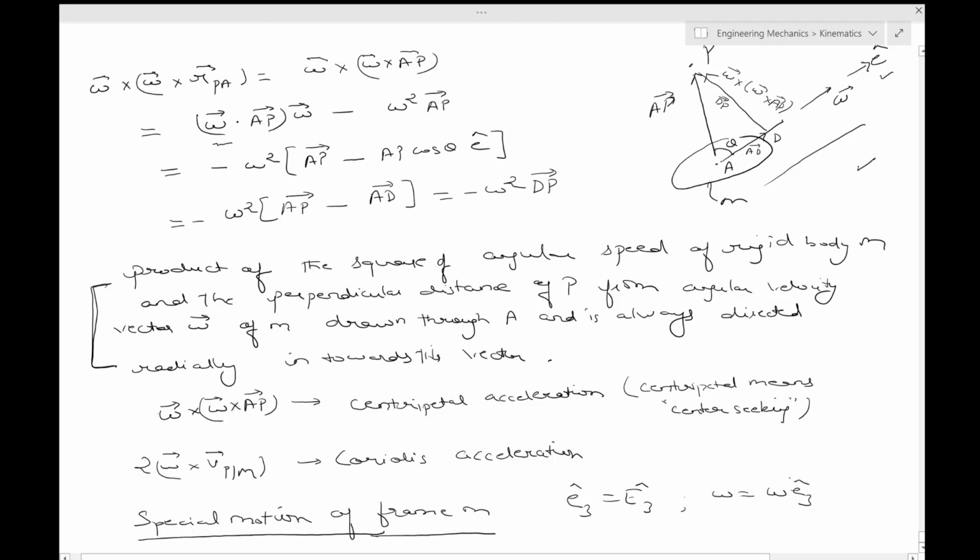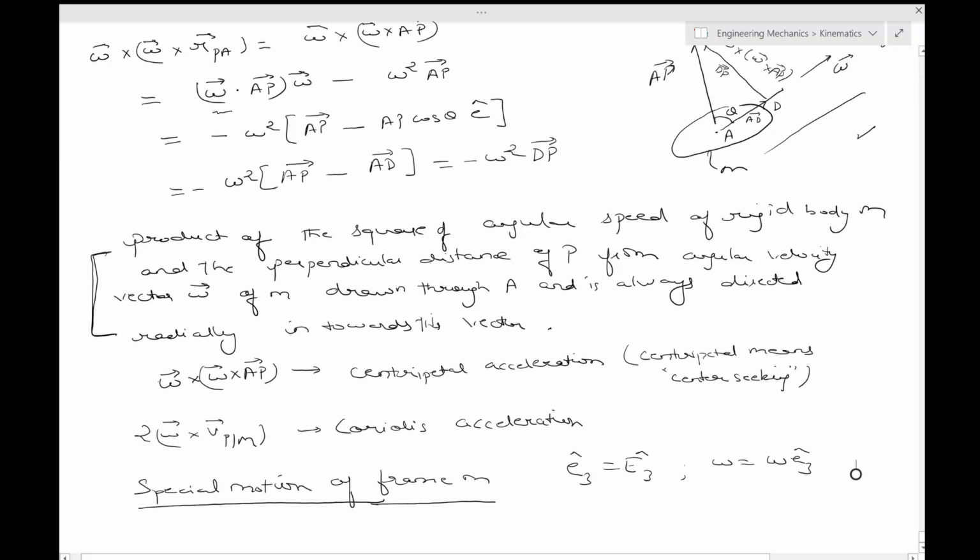And so for points A and P in the same plane normal to E3, omega dot AP would actually be equal to 0, and omega cross omega cross AP would actually be equal to minus omega square AP.